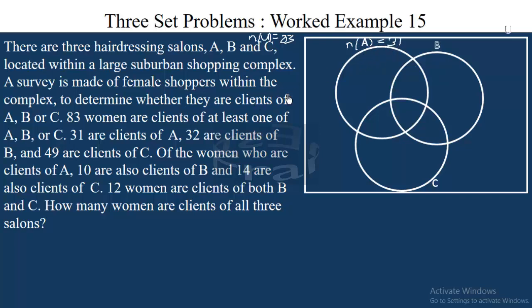So we have 31 people there. Then that of B is 32. Then that of C is 49.